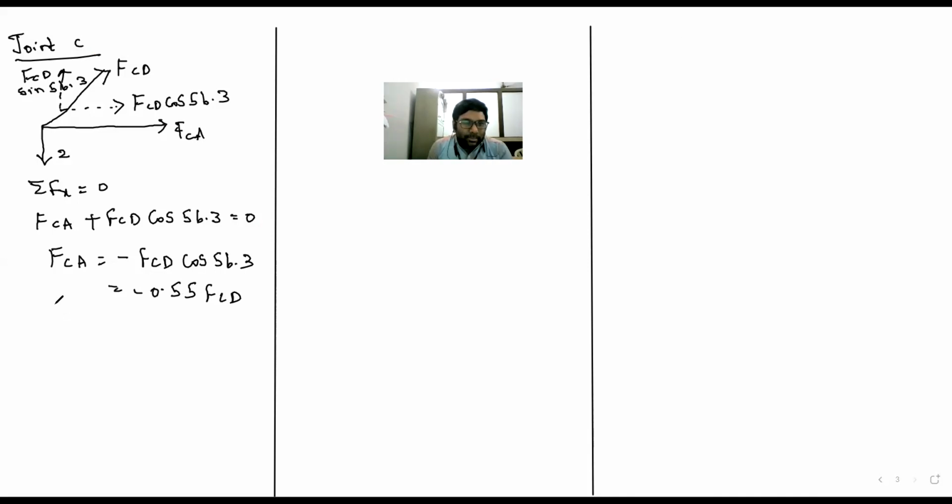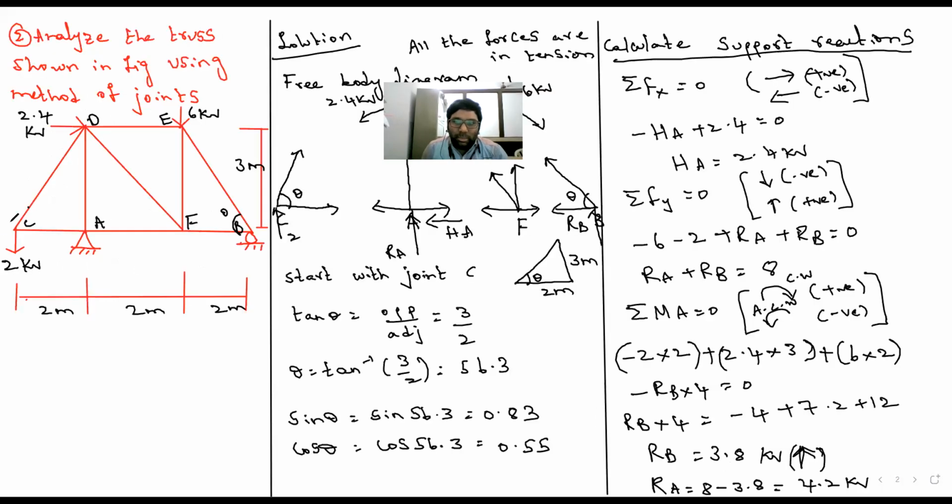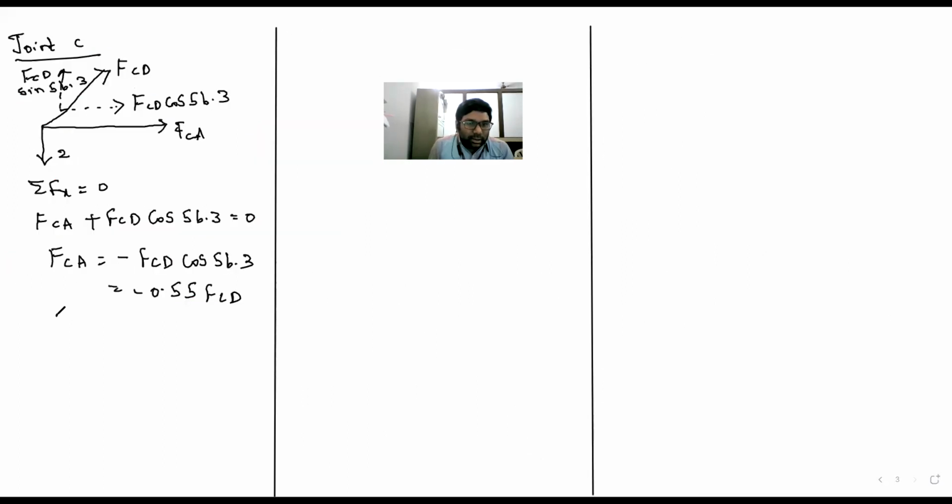The 2 kilonewton is the load given in the problem, downwards, at joint C. Or we can write FCD is equal to minus 1.818 FCA. In both ways we can write.